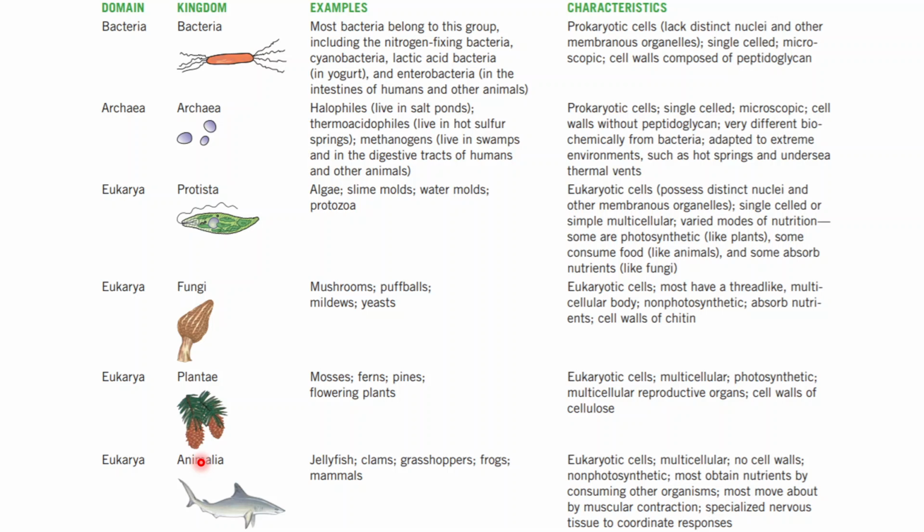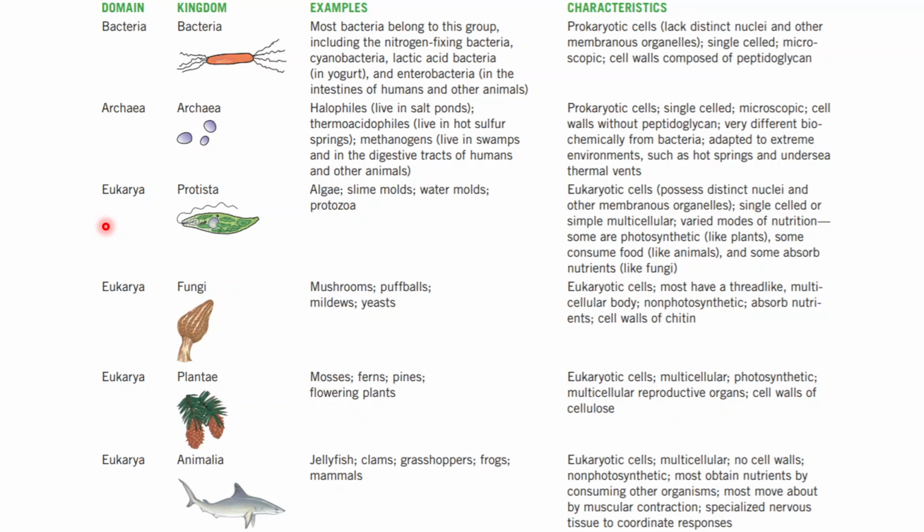Most biologists also use a level of classification above the kingdom called a domain, based on fundamental molecular differences among the bacteria, archaea, and eukaryotes. They classify organisms in three domains: bacteria, which corresponds to the kingdom bacteria; archaea, which corresponds to the kingdom archaea; and the eukarya, which are actually all other kingdoms.